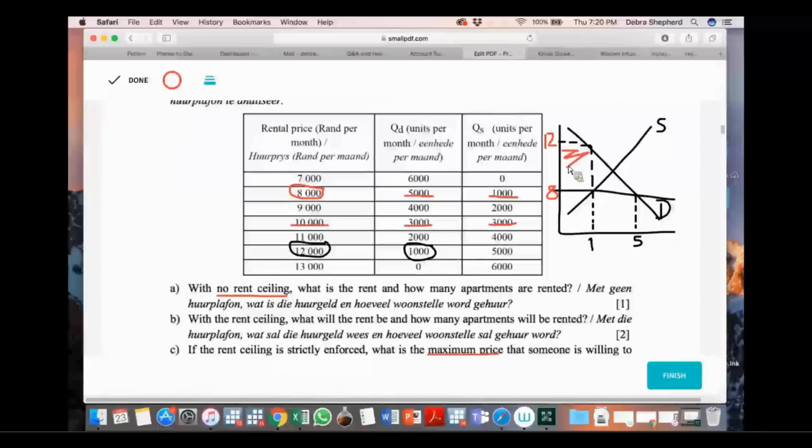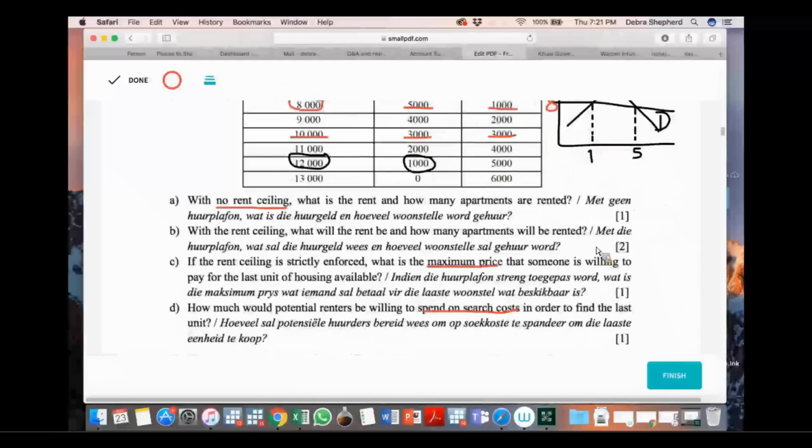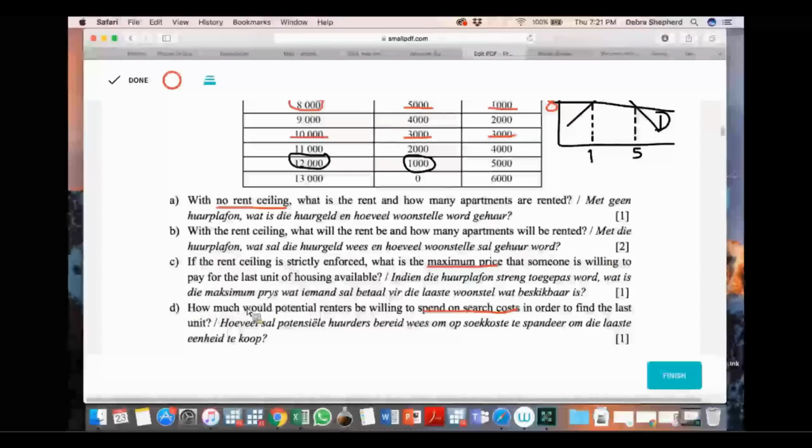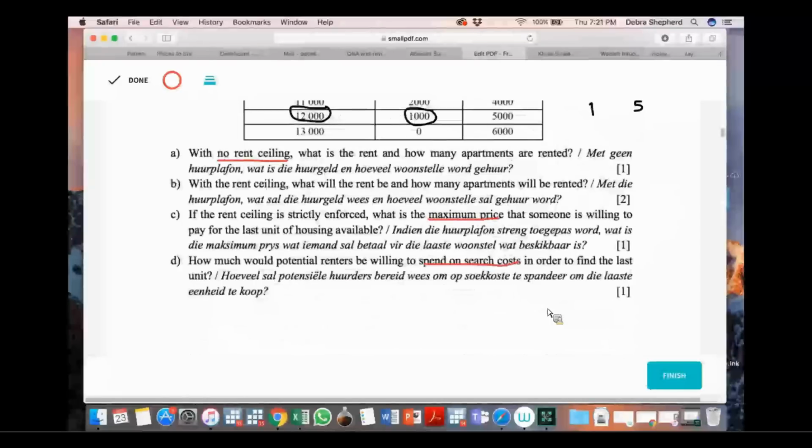So this tells me that that difference there between 8,000 and 12,000 is the additional consumer surplus that somebody would be willing to sacrifice on search activity in order to improve their chances of getting housing that is now in shortage. So question D asks how much would potential renters be willing to spend. So each renter would be willing to spend 4,000 Rand, the difference between 12,000 and 8,000 Rand, in order to find the last unit.